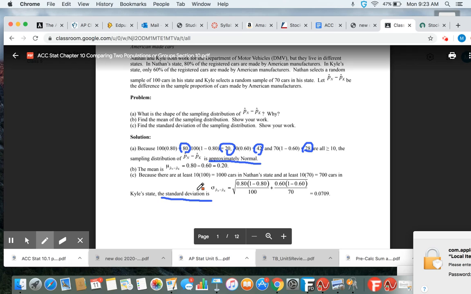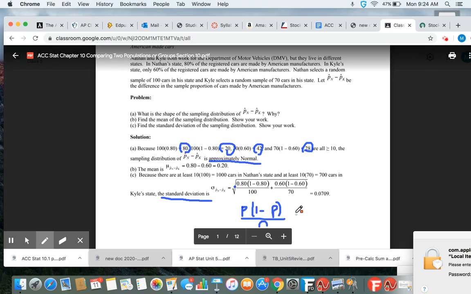The spread would be the standard deviation, and we would just follow our formula that we followed in the past. Sorry, not n. It should be p, our proportion, not n. So p times 1 minus p divided by our sample size, which is n.